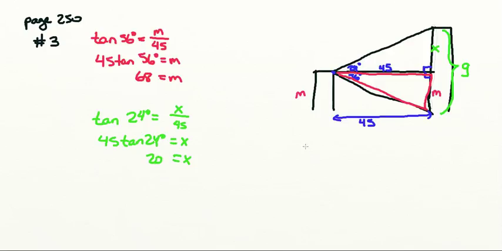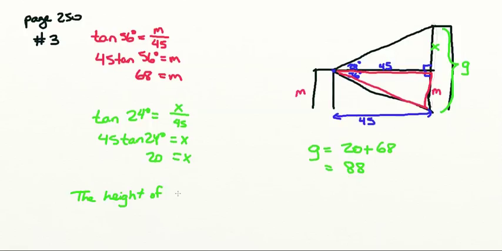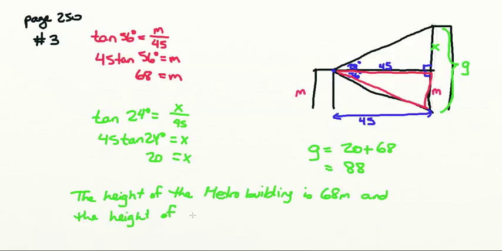So my G, the actual height of my Gamma Pro building, is going to be 20 plus 68, which gives me 88. So the height of the Metro building is 68 meters, and the height of the Gamma Pro building is 88 meters.